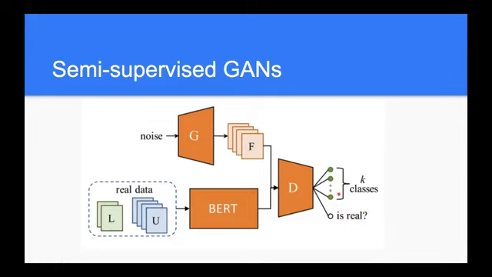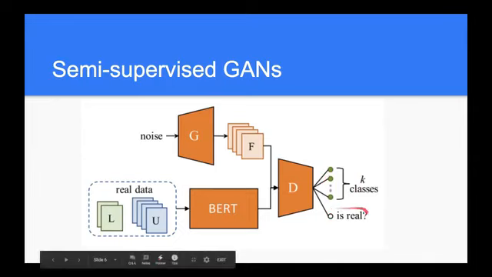You don't have to build a hierarchical classification. You can just formalize it as a traditional classification task. If you have five different labels in your task, then you have 5 plus 1 total classes, because you have 1 extra class for the fake class. So if you have k classes, you have the traditional k class labels here, then you have the k plus 1 class for the fake class.